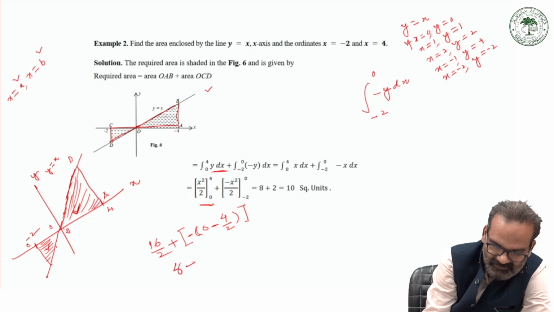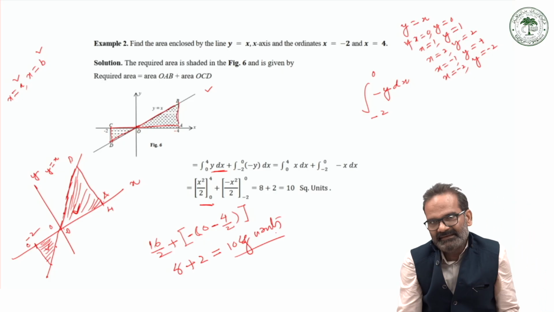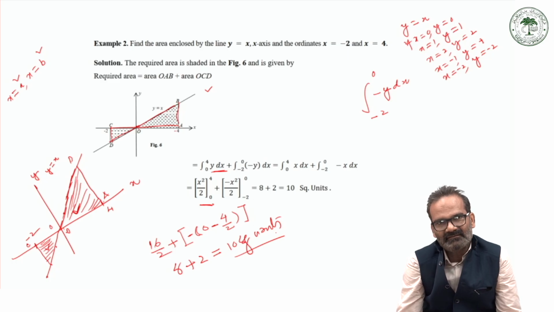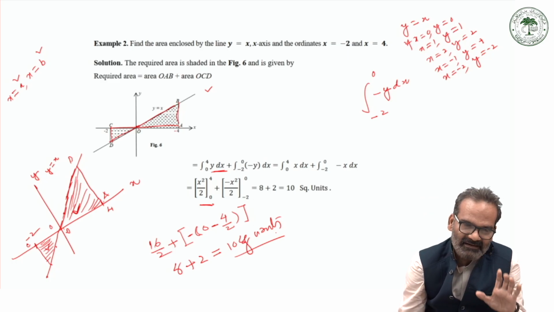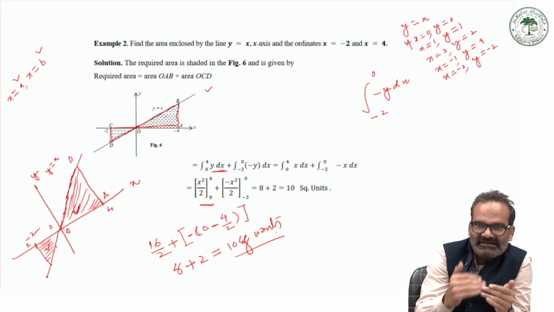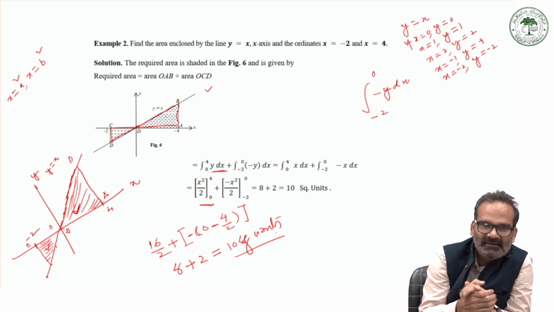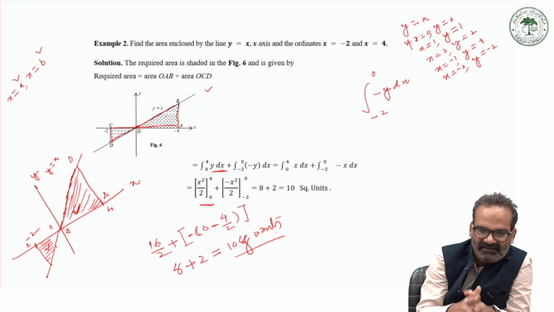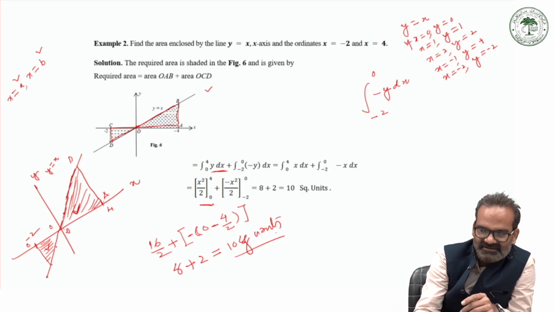This is 8 plus, minus minus plus, this is 2, that is 10 square units is the required area of the given function, right? So just try to understand, whenever the portion of the figure whose area you want to calculate lies below the x-axis, we will use the area with negative sign, minus y dx, right, as we have used here.